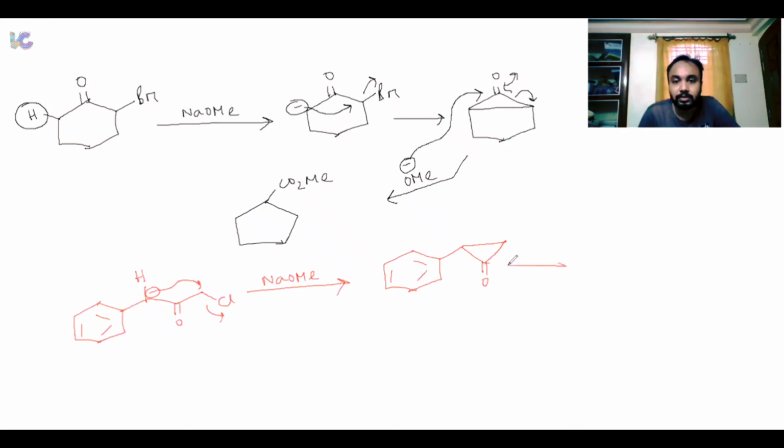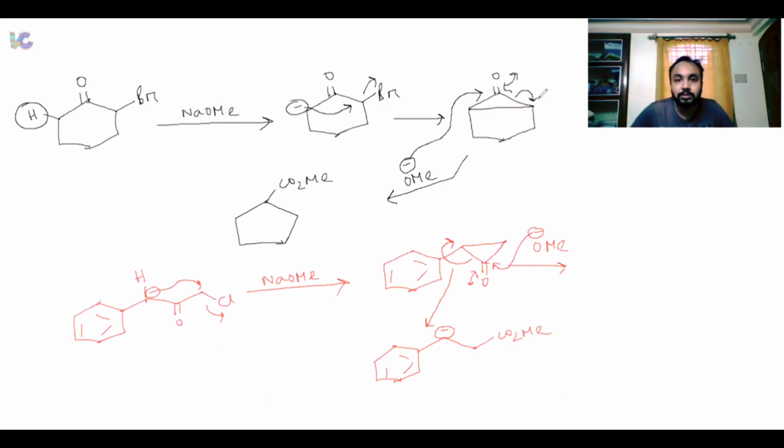Then after that, if we treat it with OMe minus, it will attack, so again the opening can be from one of the sides. So if it opens from this side, we will end up with a negative charge here and a CO2Me here.